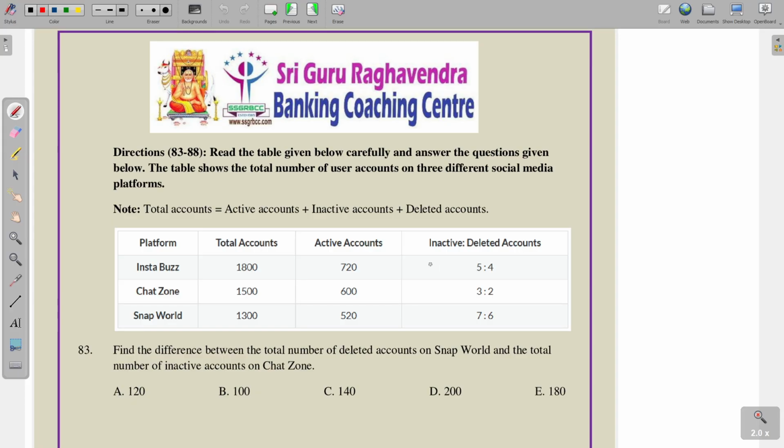Like that, the value of this one is 600, inactive accounts and deleted accounts are 480, and the same way it is 540 and it is 360. In the same way this is also 420 and this is 360. Now answer the questions carefully.